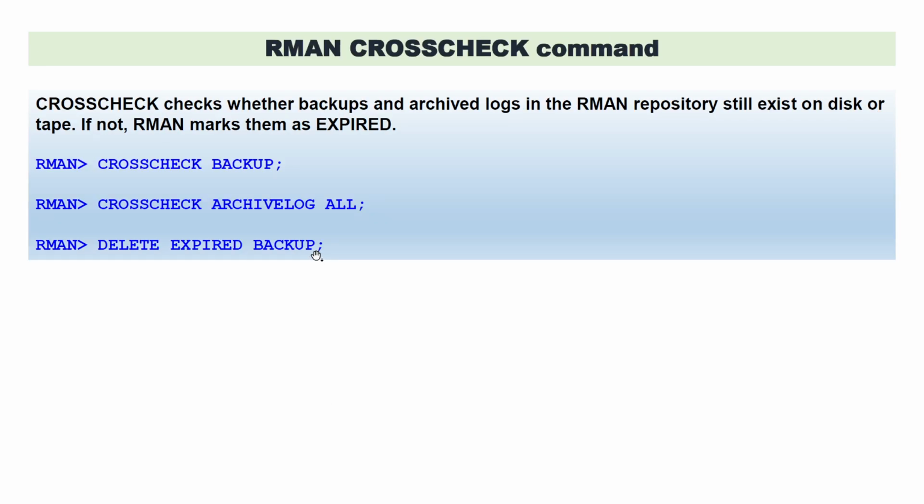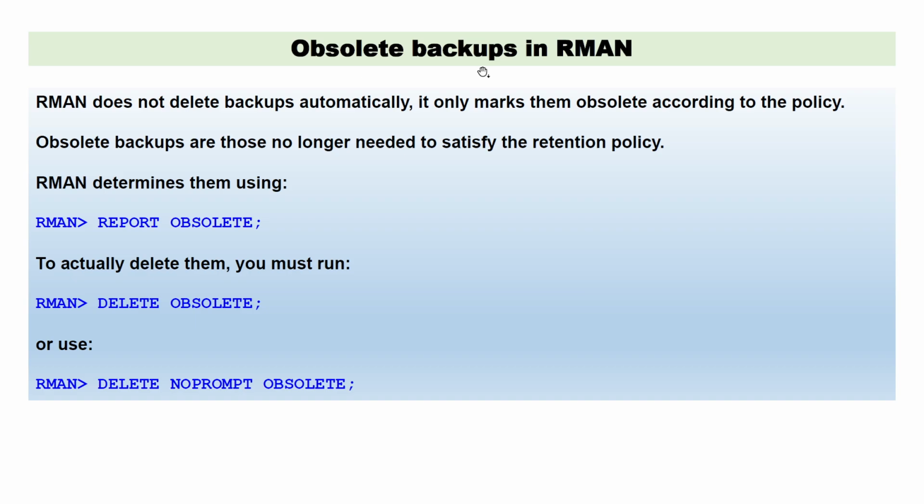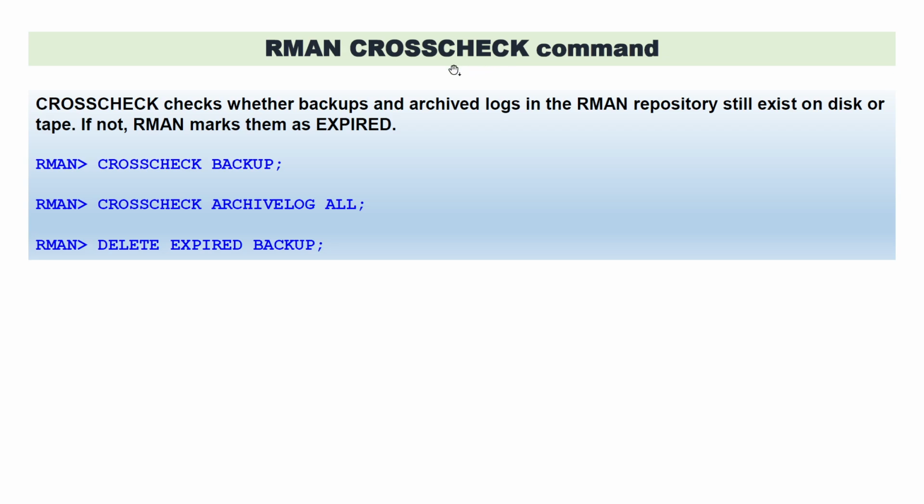Now the RMAN crosscheck command. Crosscheck checks whether backups and archive logs in the RMAN repository still exist on disk. So obsolete is based on the retention policy. However, crosscheck will check whether the backups which are in the RMAN catalog or RMAN control file are physically there on the disk. So crosscheck backup will check whether those backups are present on the disk.